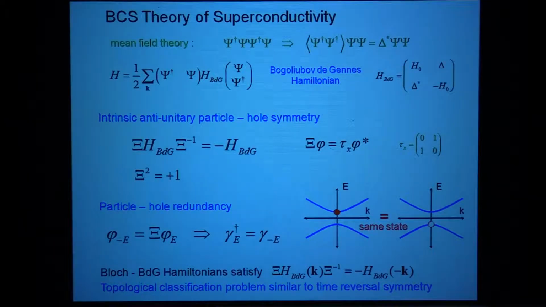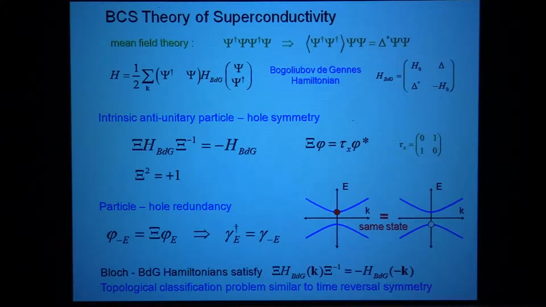But the price that you pay when you do this mean field theory is that your Hamiltonian is quadratic in the fermion operator, so it's a free fermion theory, but it has these anomalous terms with two creation operators or two annihilation operators.